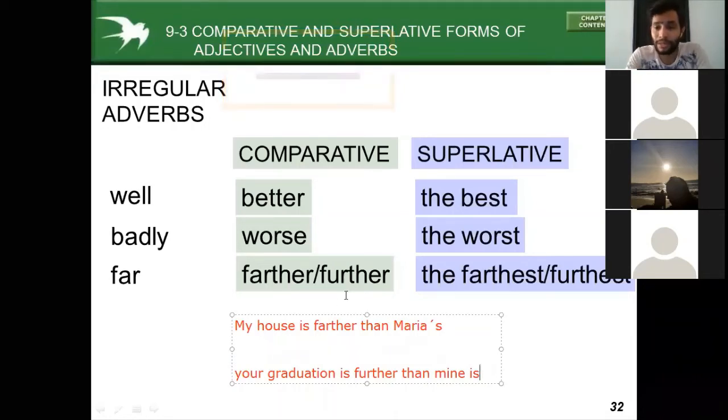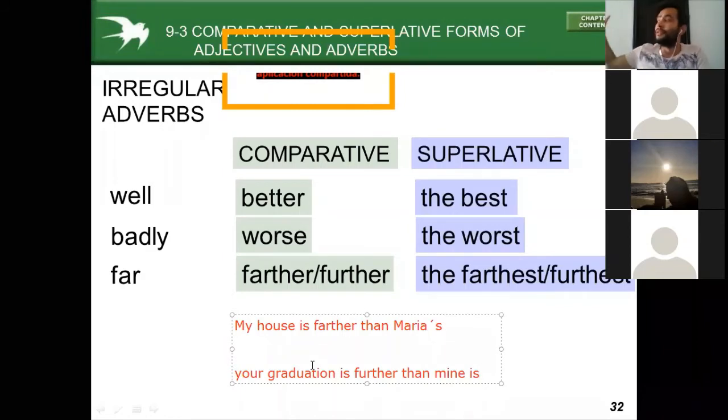And we normally use further to speak about time, like how long it takes one thing to happen after the other, right? So that is it. That is it, right? Is it clear? Yes. All right, if it's clear, then we can move on.